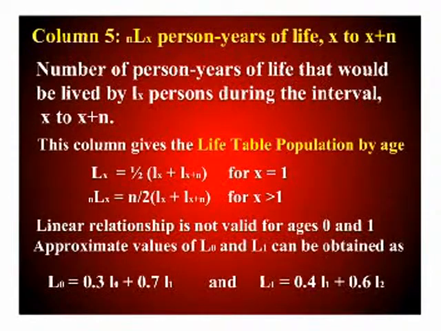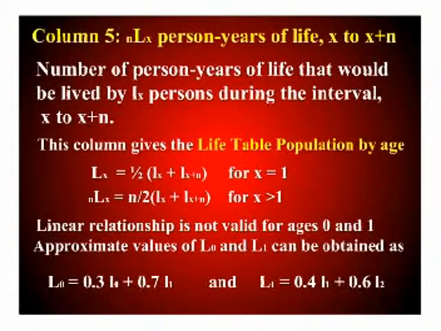Therefore, the approximate values of capital L0 and capital L1 can be obtained by using approximations as given below. That is, capital L0 equal to 0.3 times small l0 plus 0.7 times l1, and capital L1 is equal to 0.4 l1 plus 0.6 l2.